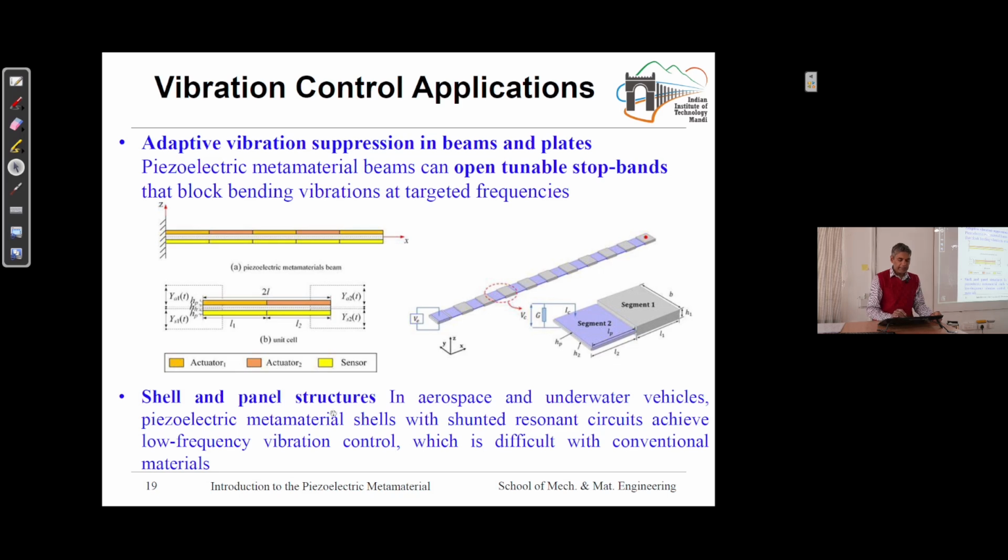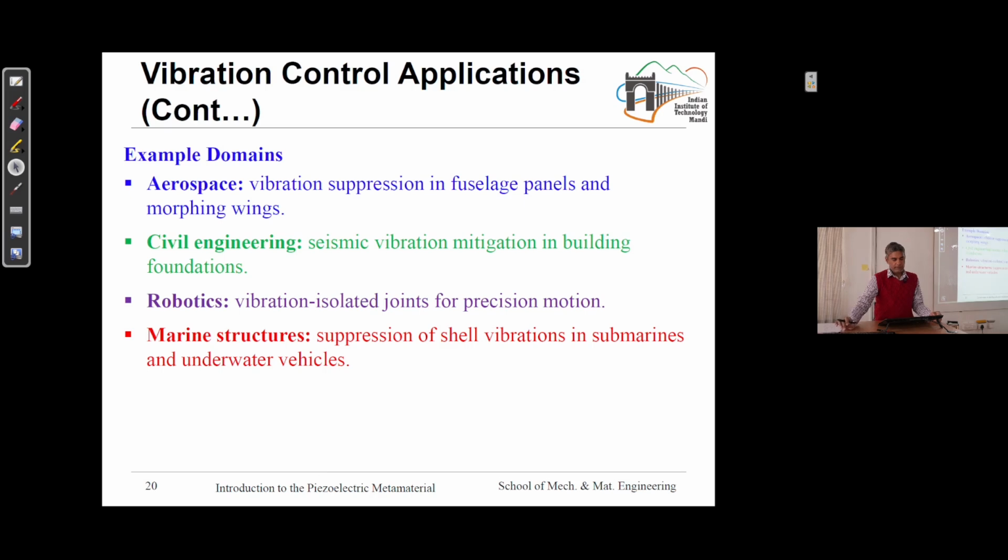Shell and panel structures: in aerospace and underwater vehicles, like submarines, piezoelectric metamaterial cells with shunted resonant circuits achieve low frequency vibration control, which is difficult with conventional materials. Examples are, in aerospace, vibration suppression in fuselage panels and morphing wings.